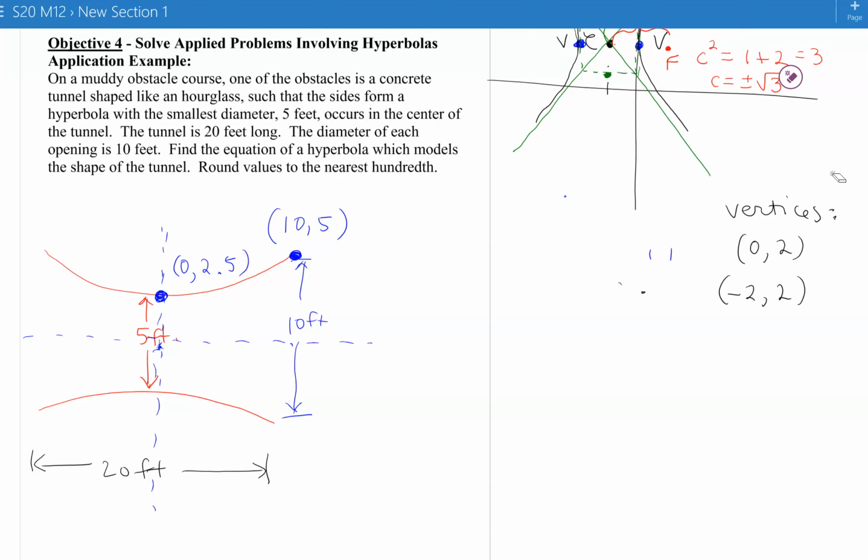So make sure those coordinates of those points make sense to you. So we know that this is an opens up down hyperbola, and we centered it at the origin. So opens up down, that means the y squared comes first. And then I don't know about the x direction yet, but I can see in the y direction I go up and down 2.5.